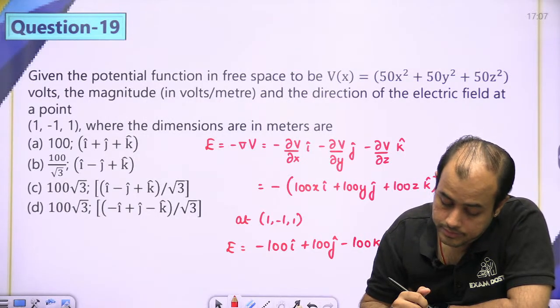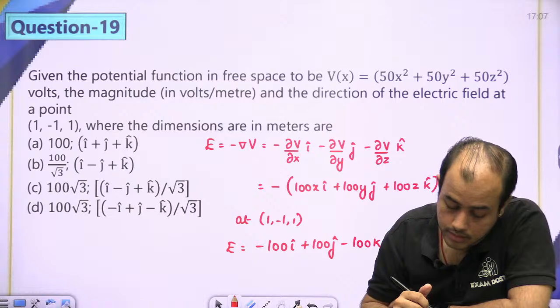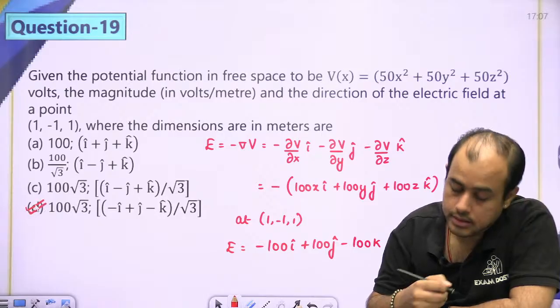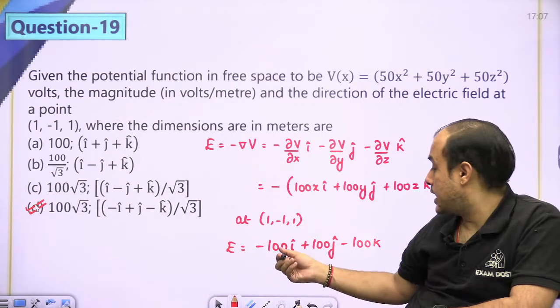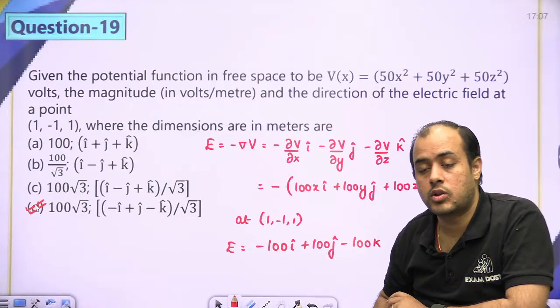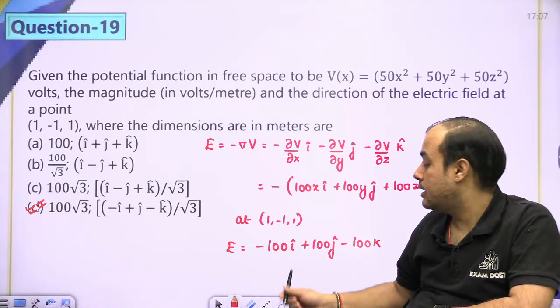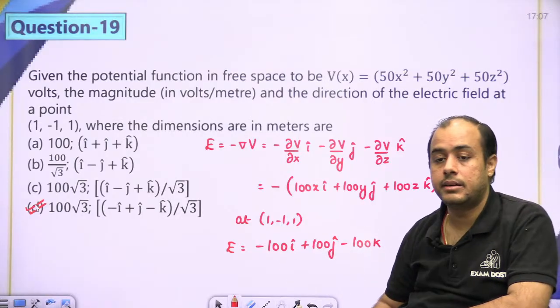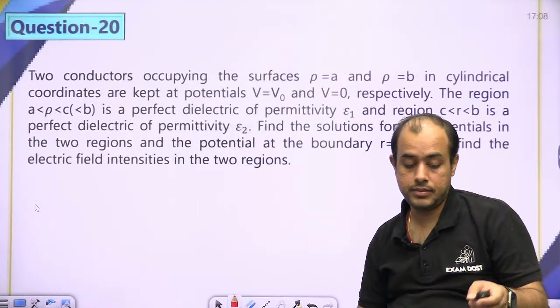So it will be, magnitude is 100 root 3, direction ये आ जाएगा, मैग्नीट्यूड हो जाएगा 100 रूट 3. अगर आप अंडर रूट ए स्क्वायर प्लस बी स्क्वायर प्लस सी स्क्वायर करोगे, डायरेक्शन माइनस आई प्लस जे प्लस माइनस के डिवाइडेड बाय मैग्नीट्यूड रूट 3.